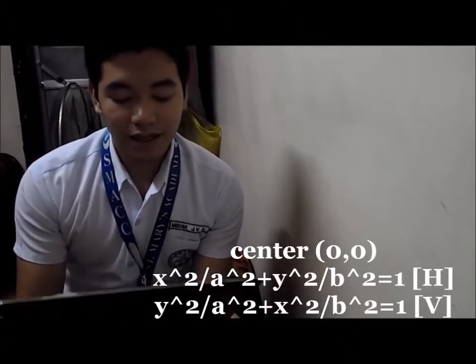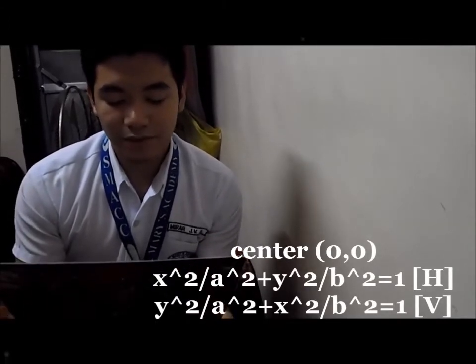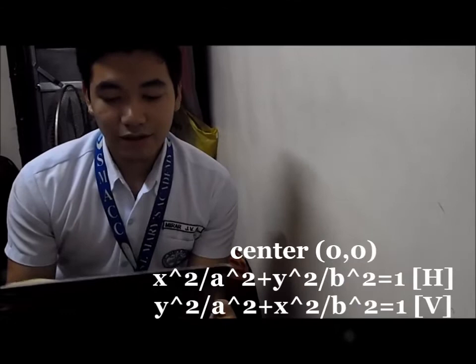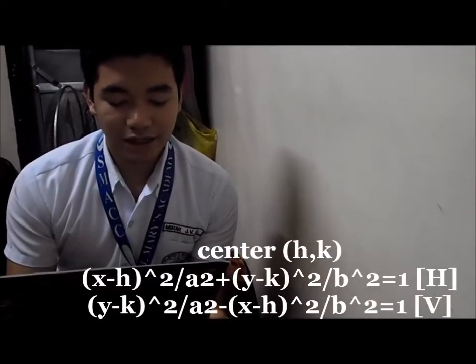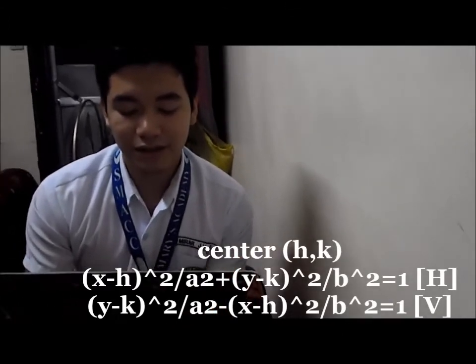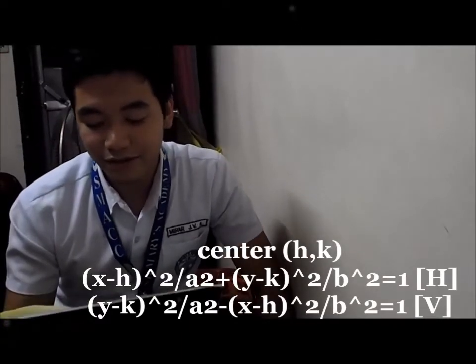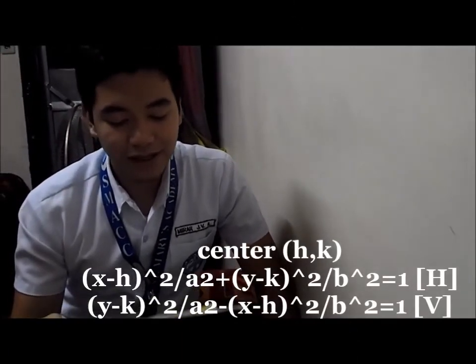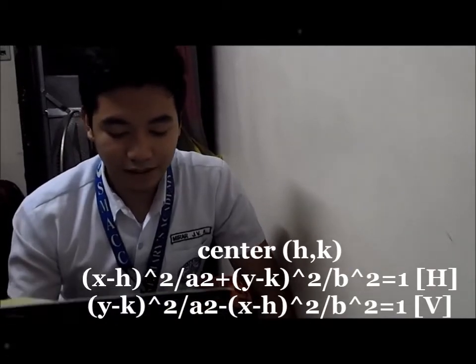For the vertical, y squared over a squared plus x squared over b squared equals 1. At center (h, k): (x minus h) squared over a squared plus (y minus k) squared over b squared equals 1, horizontal. For the vertical, (y minus k) squared over a squared plus (x minus h) squared over b squared equals 1.